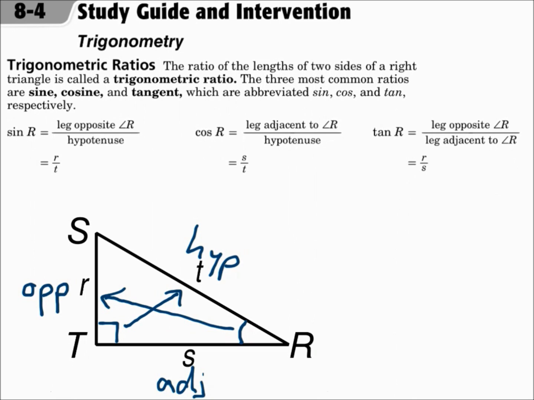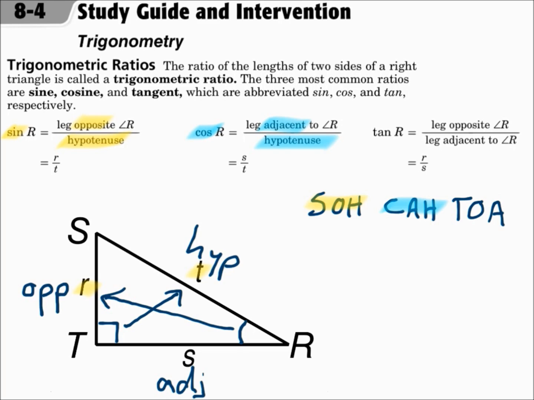The formulas for sine, cosine, and tangent can be remembered very easily using this shortcut. SOH, CAH, TOA. SOHCAHTOA. SOH stands for sine is opposite over hypotenuse, which in this figure, the opposite is length R, and the hypotenuse is length T. CAH stands for cosine equals adjacent over hypotenuse.